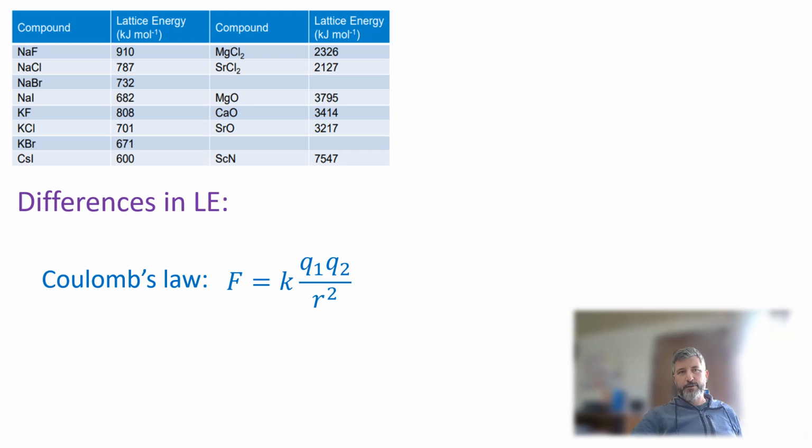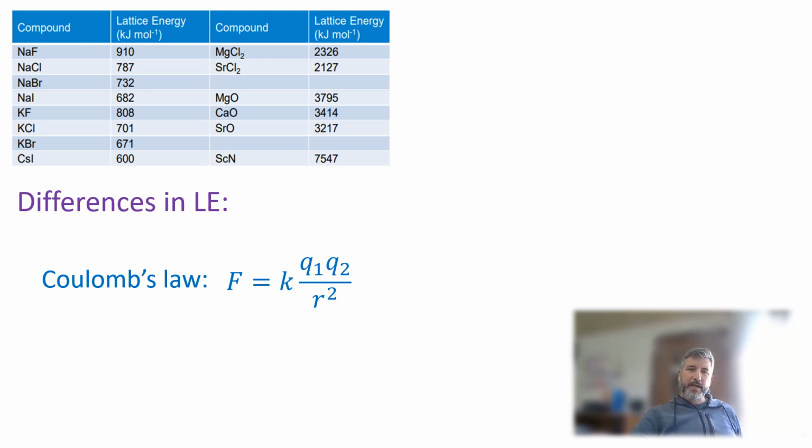So for example, if I were talking about sodium fluoride, Q1 could represent the +1 charge on the sodium, and Q2 would represent the -1 charge on the fluoride. So they would have equal and opposite charges, +1 and -1.